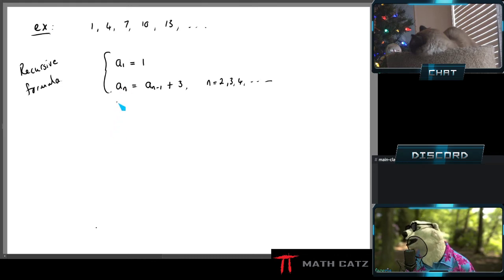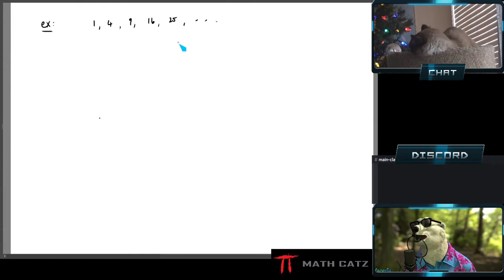But we can have another kind of formula. If you remember the example from yesterday, let's do this example here. It was 1, 4, 9, 16, 25, and so on. Where we noticed different ways of looking at this. Yes, I can take this recursive approach, but what I'm adding is not quite the same every time.